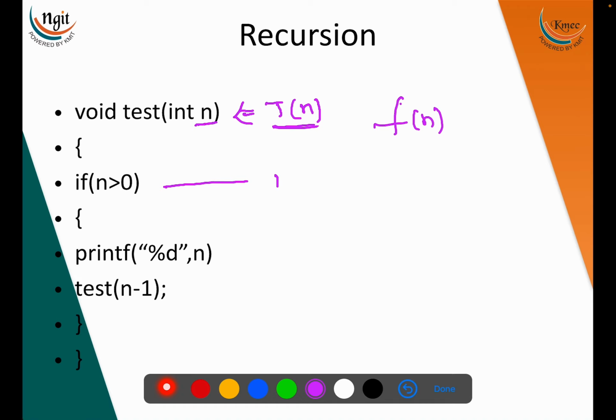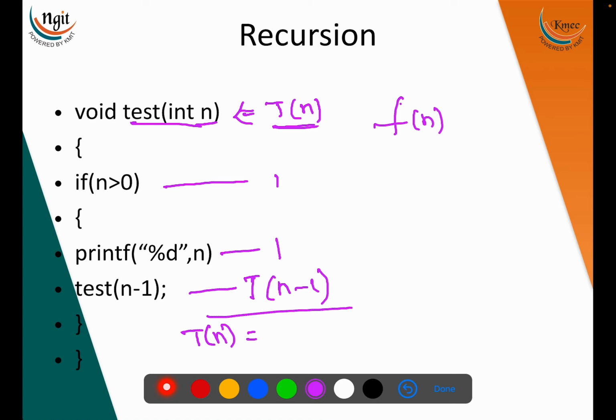Now if n greater than 0 will take 1 unit of time. Printf also will take 1 unit of time. Now look at this, test of n minus 1. If test of n requires T of n time, then test of n minus 1 requires T of n minus 1 time. Finally, T of n is the total time required for this test function.